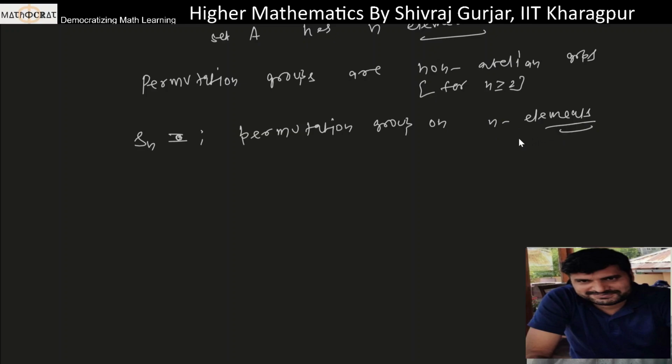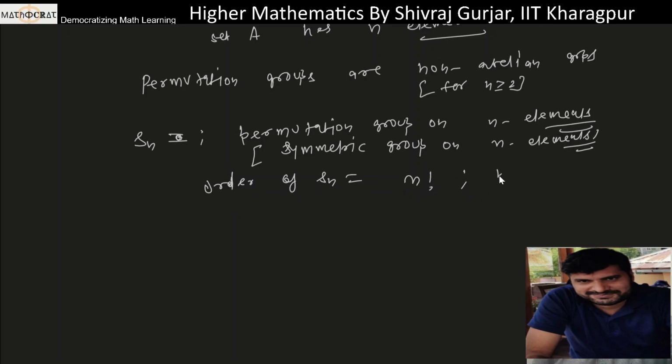We also say this is a symmetric group on n elements. And the order of Sn is equal to n factorial, where n is of course a natural number, right?